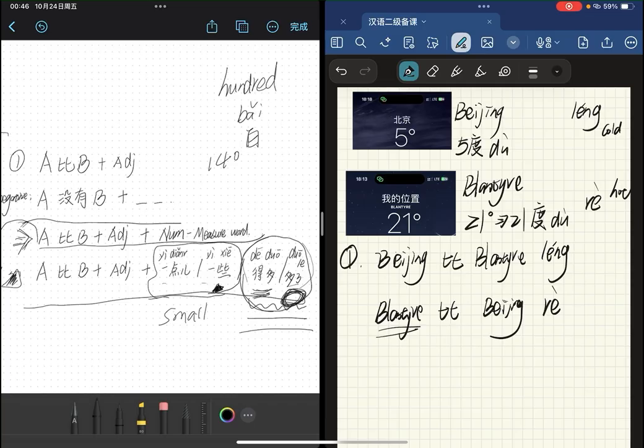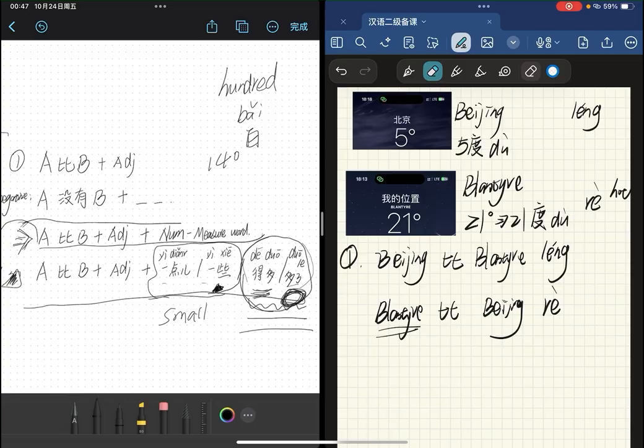Now let's see the specific difference between Beijing and Blantyre. 21 minus 5 is 17... no, 16. 16度 is the specific difference.